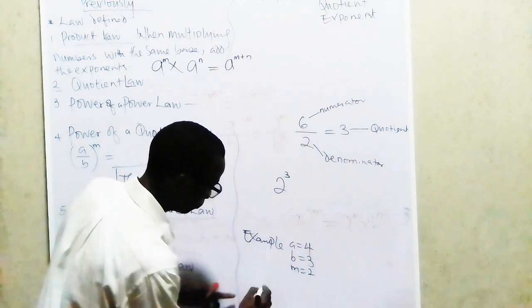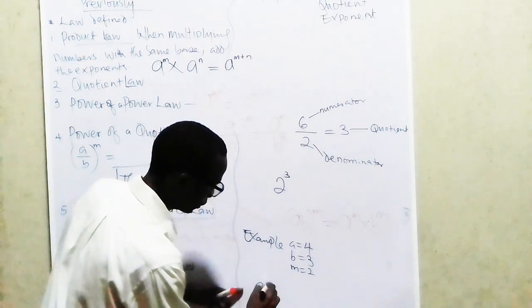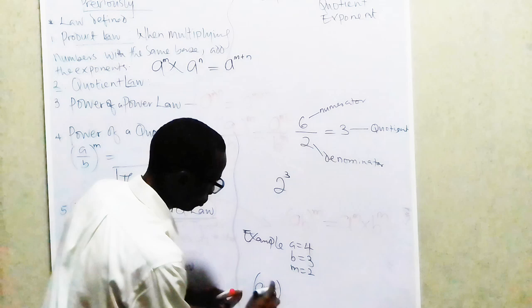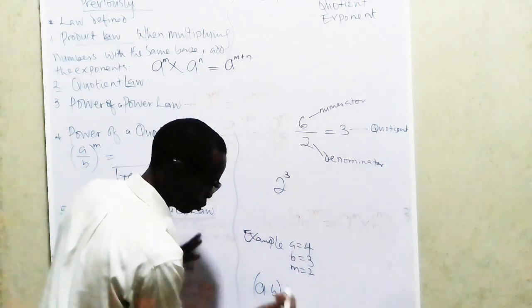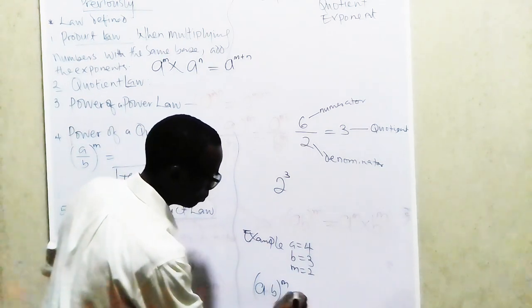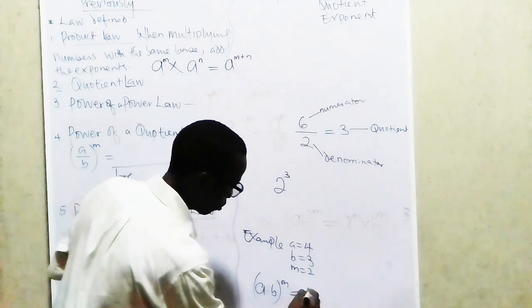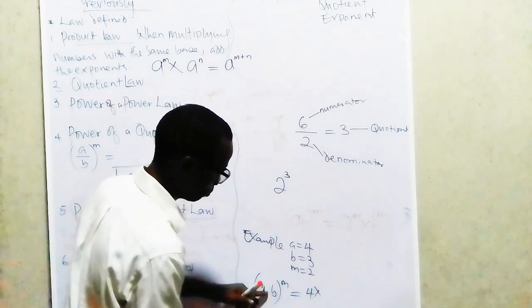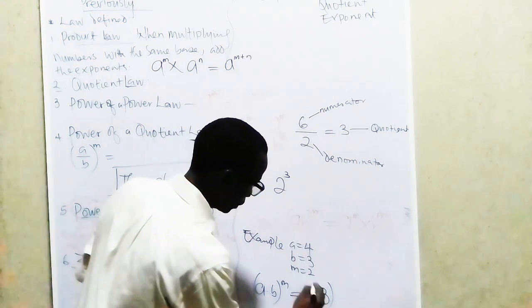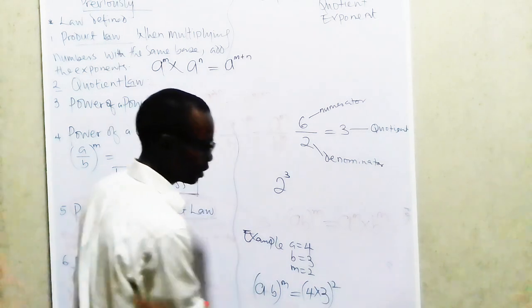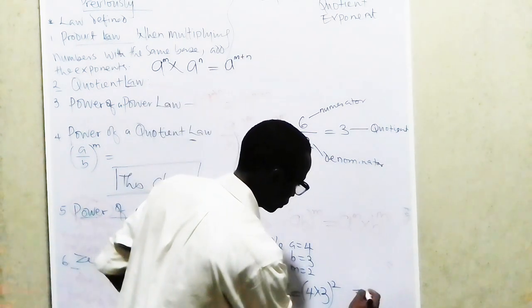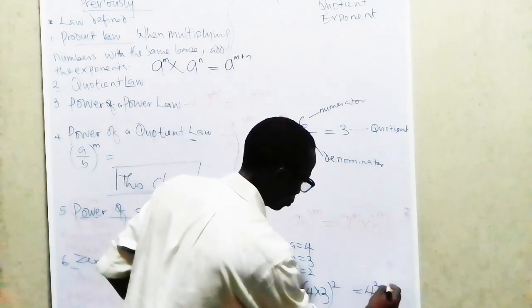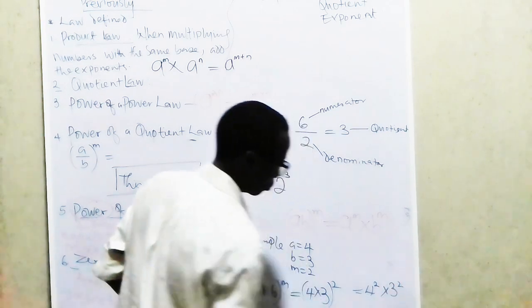We have A times B, or if you like, remove the times sign and put your dot, it's the same thing. It means 4 times 3, all raised to the power 2, is the same thing as 4 raised to the power 2 times 3 raised to the power 2.